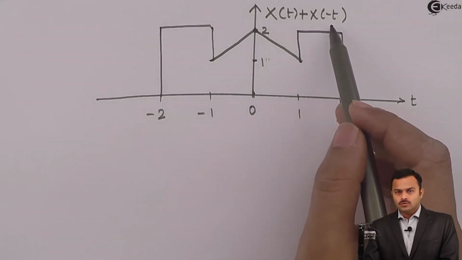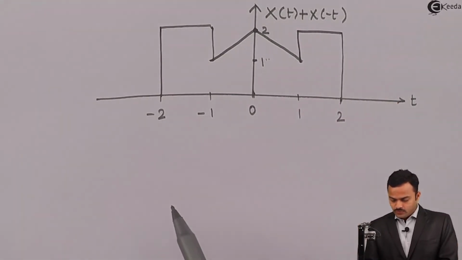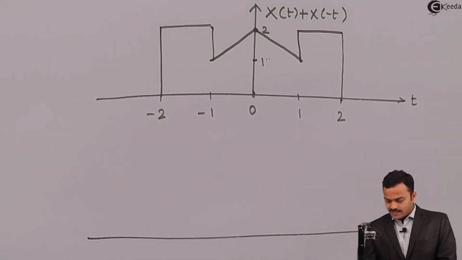So in the end we will do amplitude scaling without any change in the t-axis.